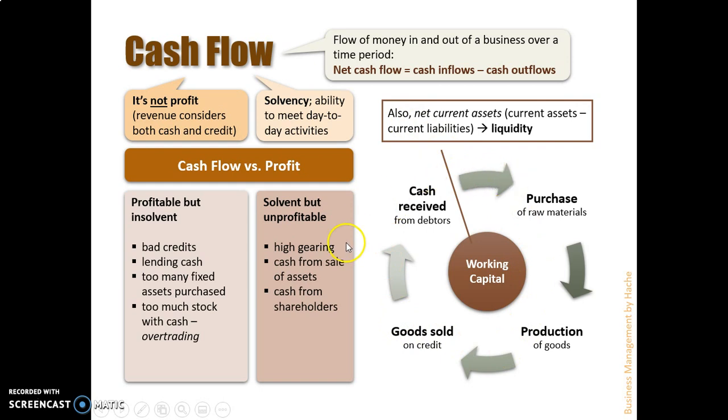The problem would happen if we are selling too much on credit, or if our debtors are taking too long to pay back for those goods, for those products, then the working capital will take longer for us to recover cash, and this would end up affecting our cash flow. The goal is that we try to keep our cash moving in and out in the shortest periods possible.